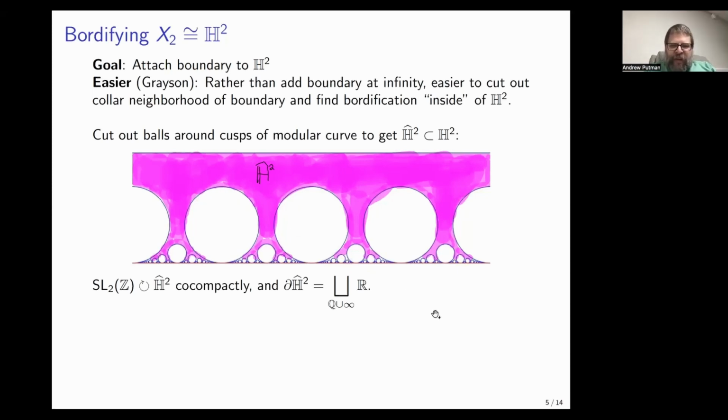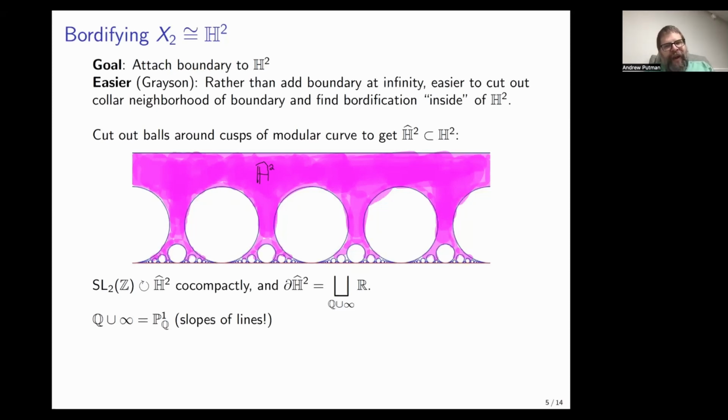There's a boundary component for each rational number plus infinity. There's a boundary component for each point Q on the real axis where you have one of these circles tangent to it, plus infinity. That's this up here. Now, Q union infinity is also called P1, right? And each of these boundary components is contractible because it's the real line. And by the way, why is Q union infinity P1?